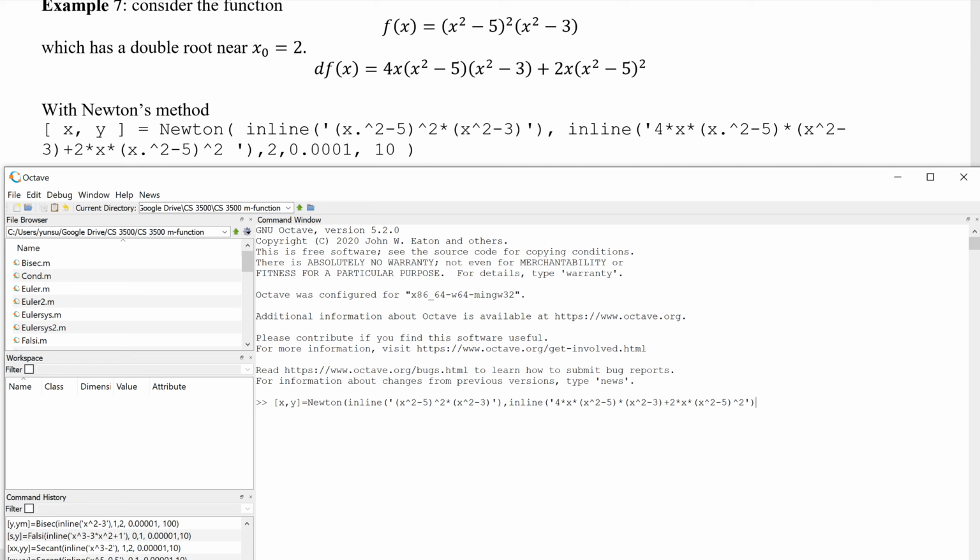That finishes it. The initial point is 2.